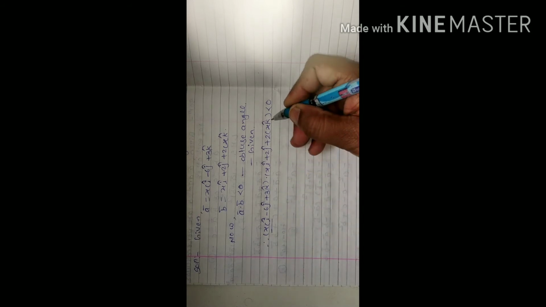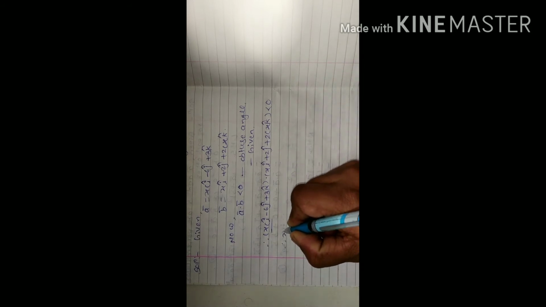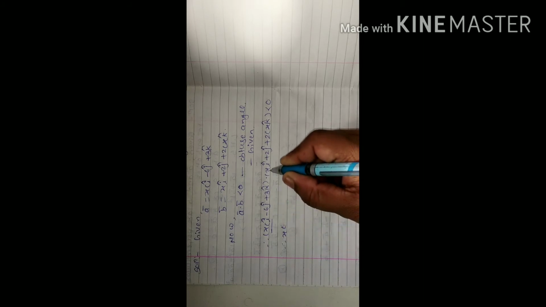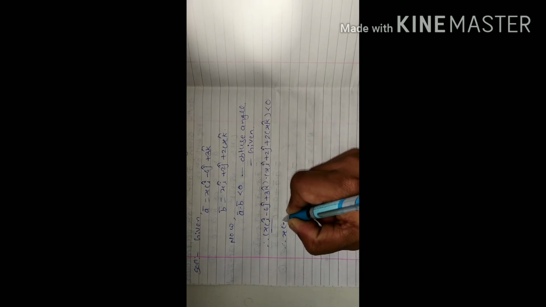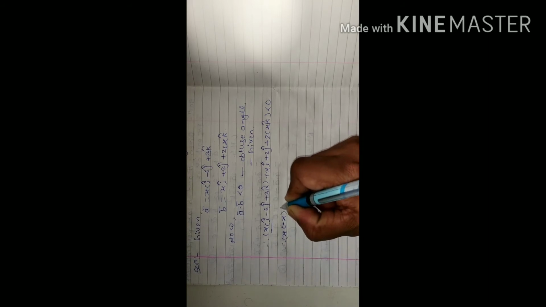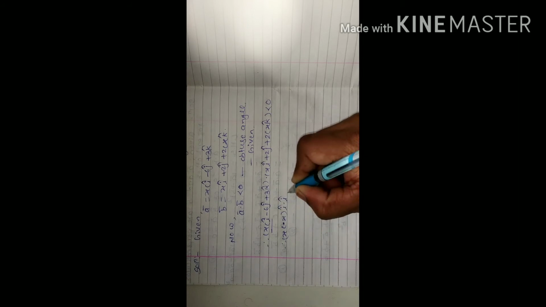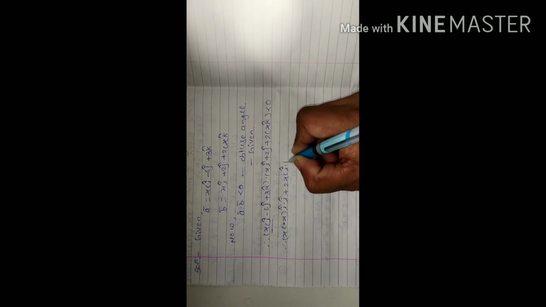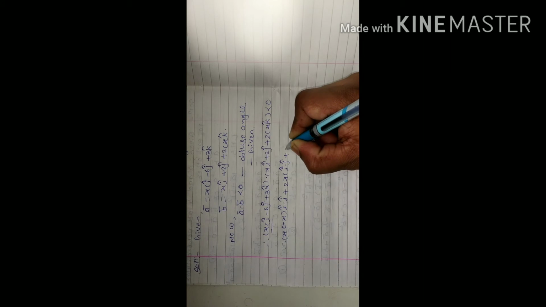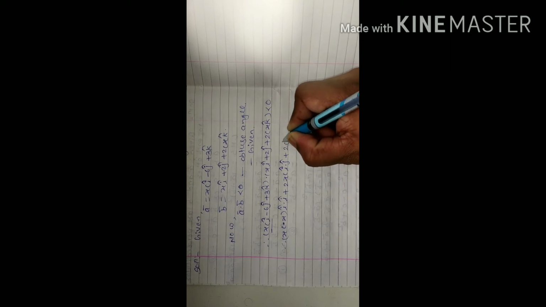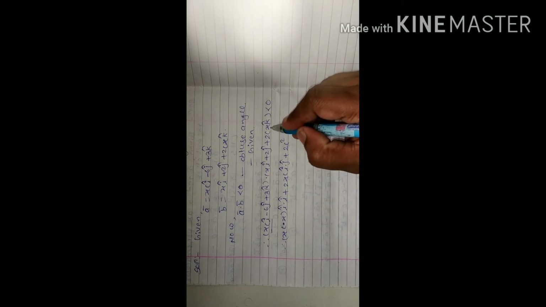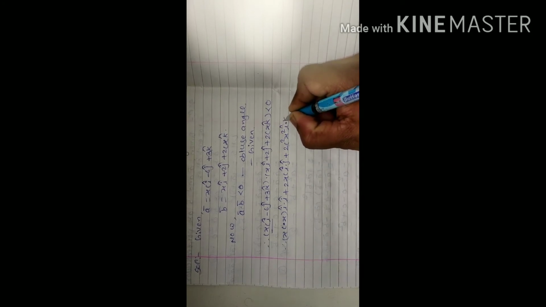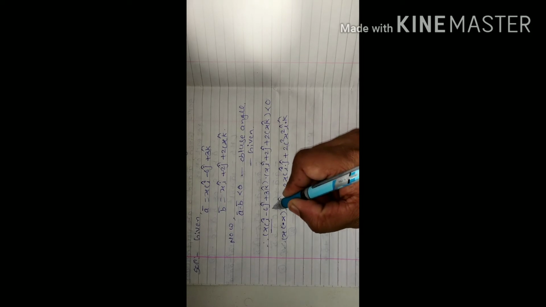First we multiply xc i into the whole bracket: xc into x into i cap dot i cap, then plus 2xc into i cap dot j cap, then plus 2c square x into x, that is, into i cap dot k cap. Then we multiply the second term, minus 6j.